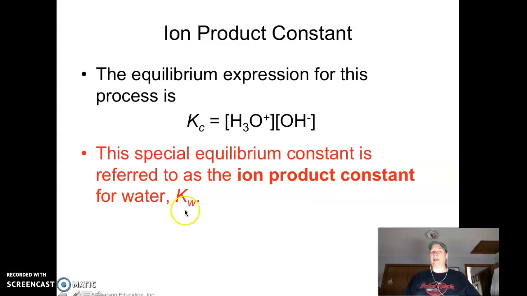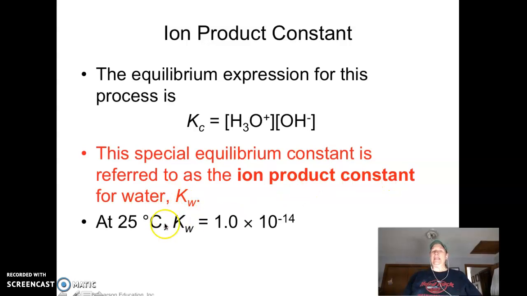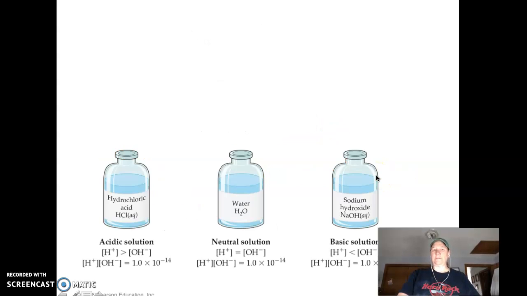It's an ion product constant, which for water is K sub W. And the concentrations of hydroxide and hydronium multiplied always equal 1 times 10 to the negative 14th. Always. So if I know what this one is, I can figure out this one. I just take this number divided by this number, and I get that number. So the equilibrium constant of water, when you're talking about acid and base, is always 1 times 10 to the negative 14th.